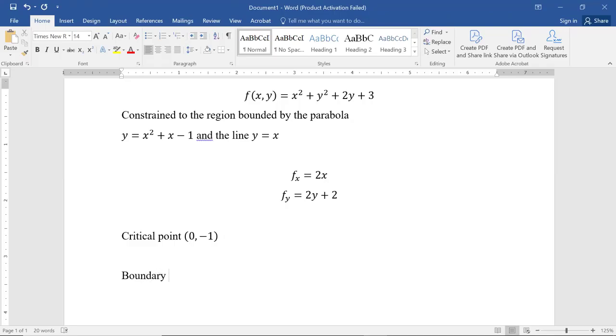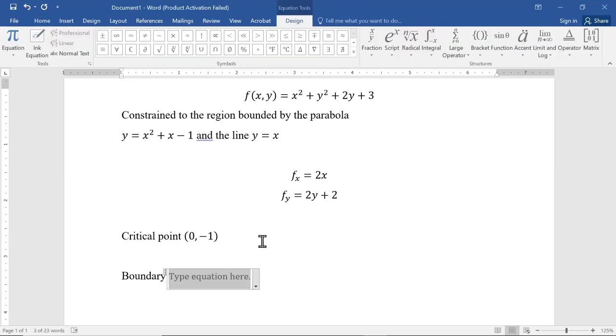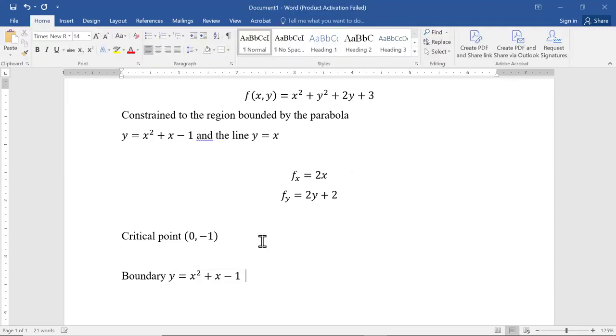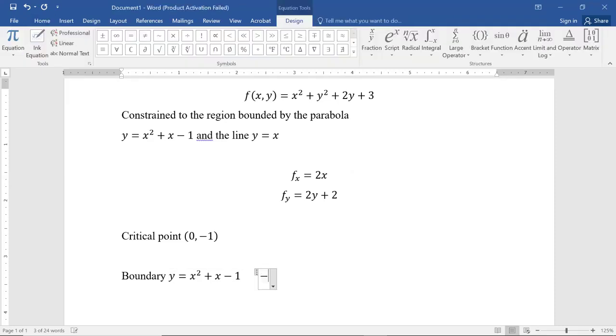Now let's look at the boundary. We'll start with the more difficult one to deal with: y equals x squared plus x minus 1. And we're looking at that in between x values of -1 and +1.